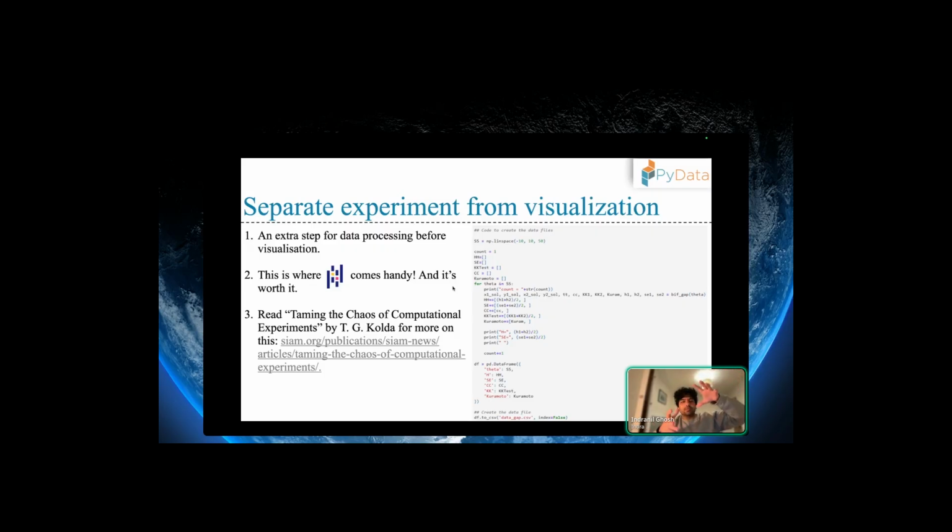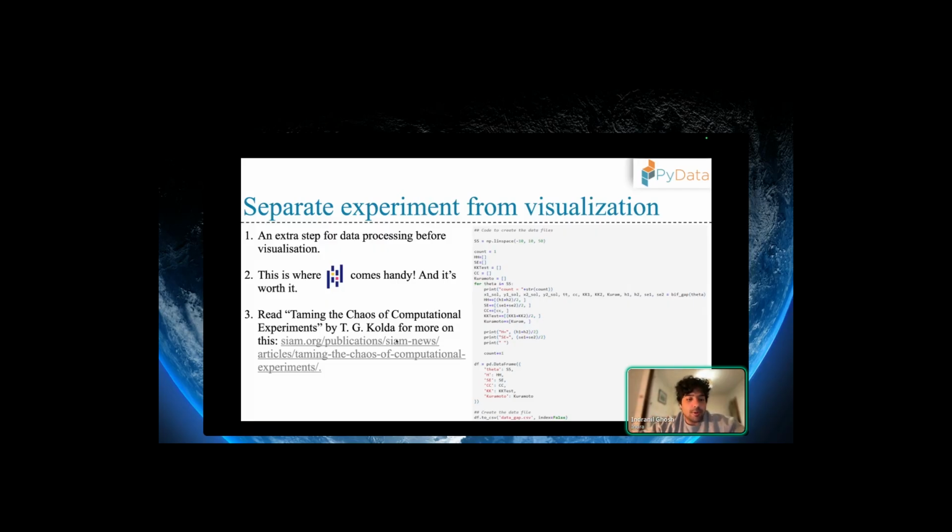Don't put it in just one code base, because who knows, you might need to change your whole program or the parameter values you have chosen, and then you need to run it for like a week, and you don't want that. So it's better to have a step where you run the simulation and collect the data, and then have separate code for running the visualization.